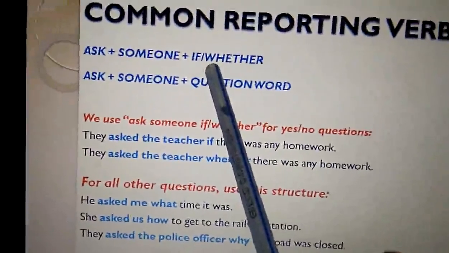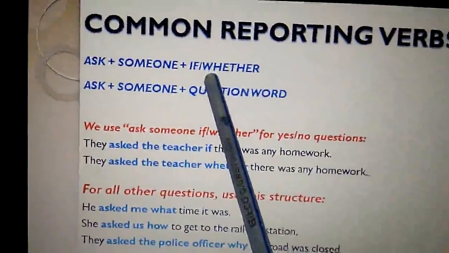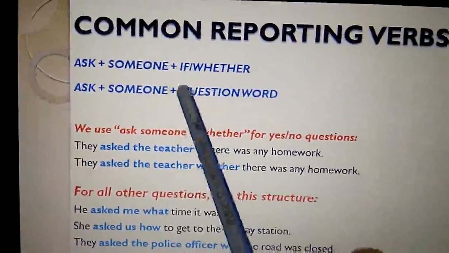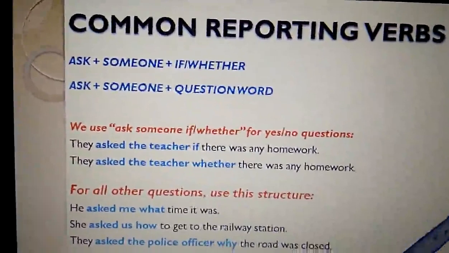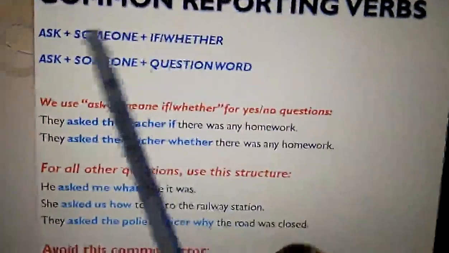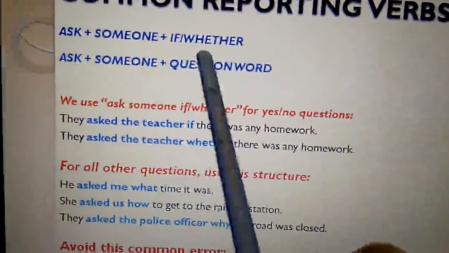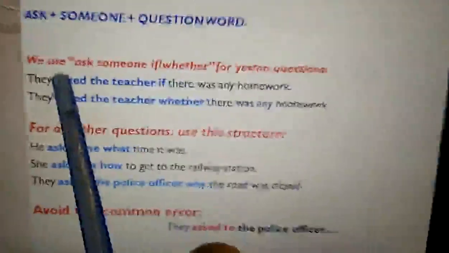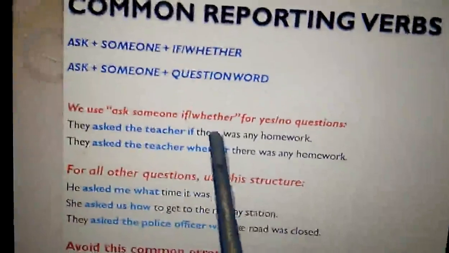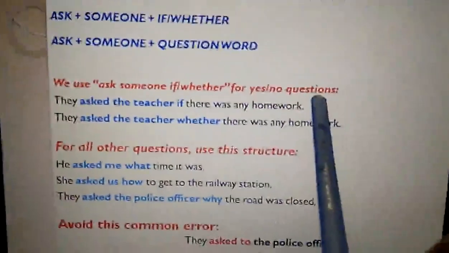When you are converting a direct speech into indirect speech, if that part is a yes or no question, then when we are converting that into indirect speech, we use if or whether. This is a rule. So ask plus someone plus if or whether. We use ask someone if or whether for yes or no questions, as I told you.